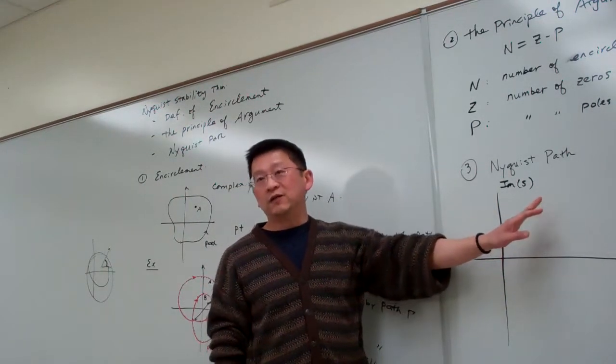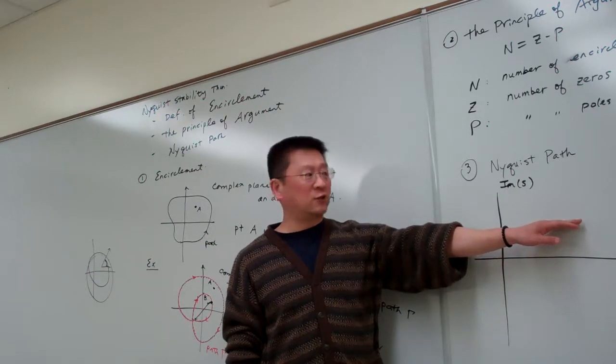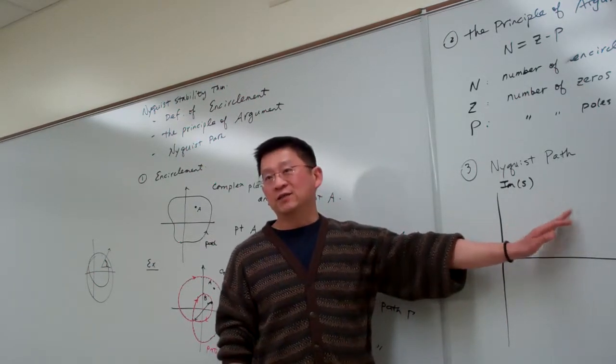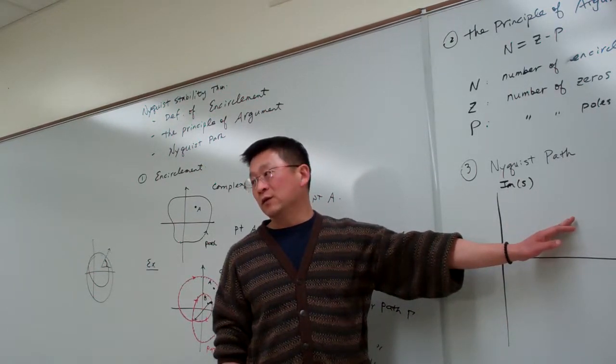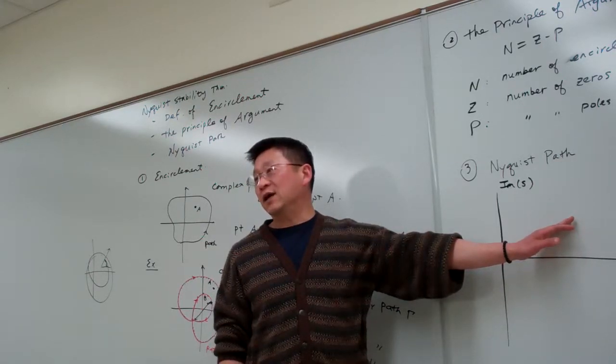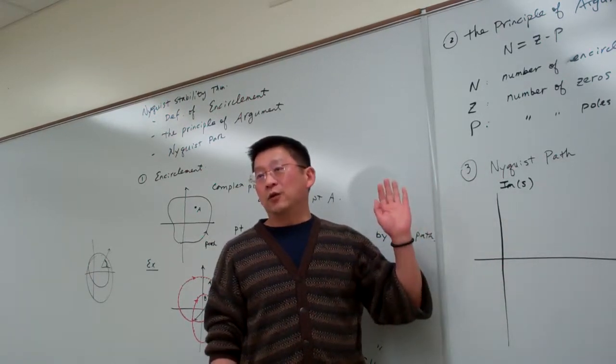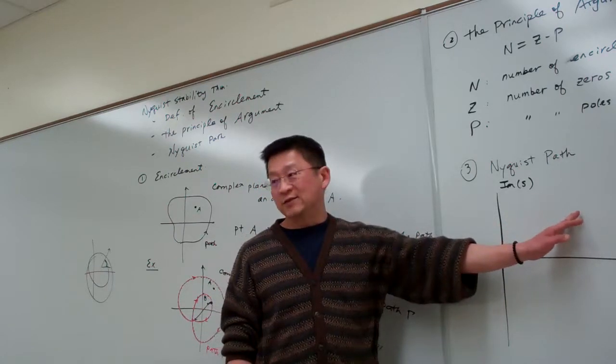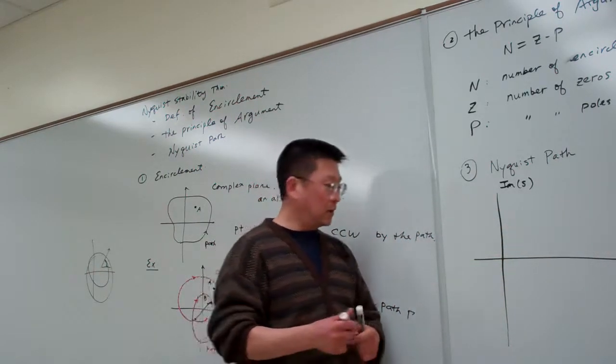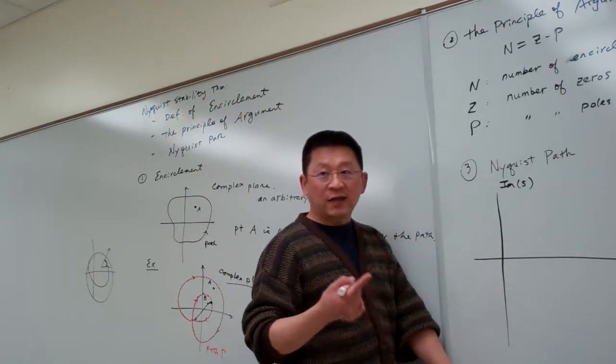Which means if there is any root of the characteristic equation on the right-hand side, then the system is unstable. So what we want is no root on the right-hand side.